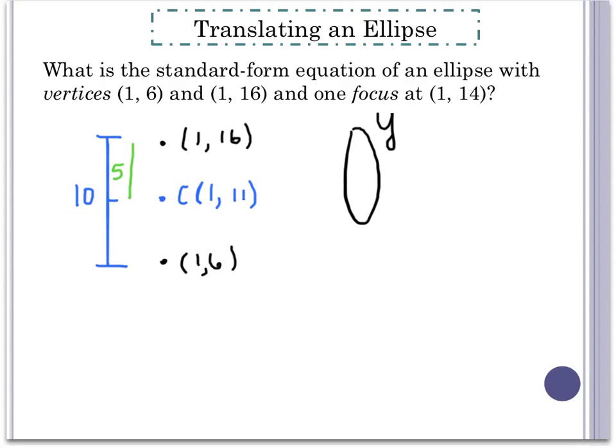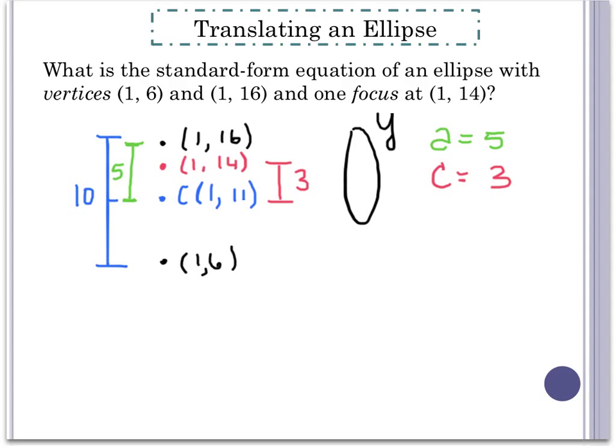So the distance between our center and one of our vertices is 5, which means a is going to be 5. We were also given a focus, so our focus is at 1, 14. So the distance between our focus and our center is 3 units, which means c is going to be 3.